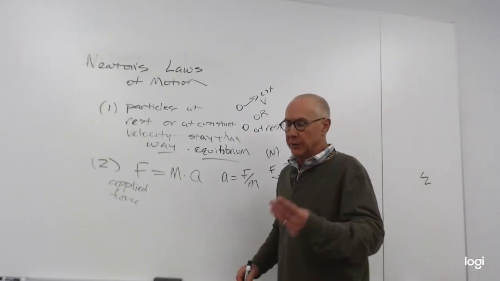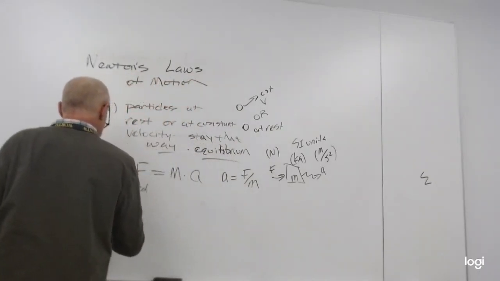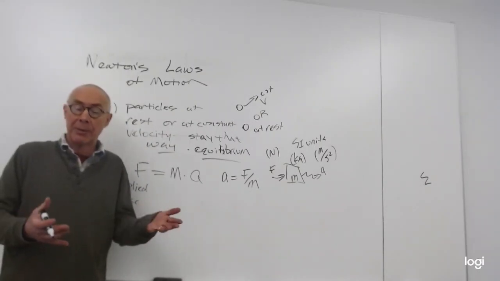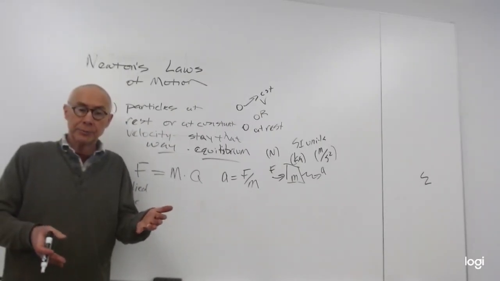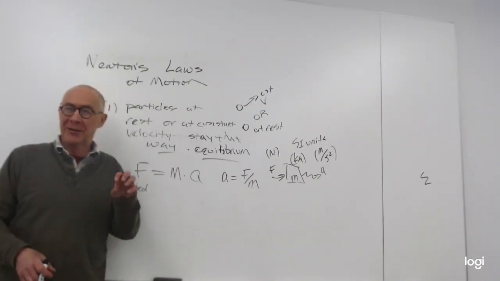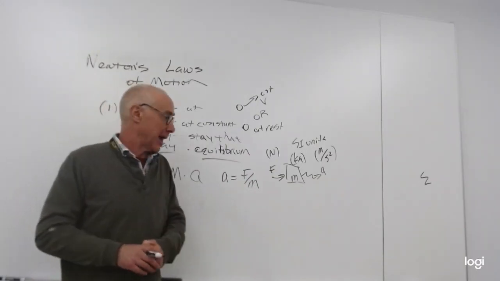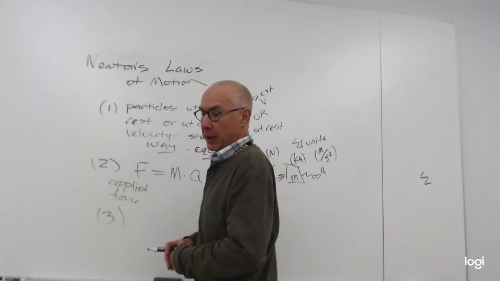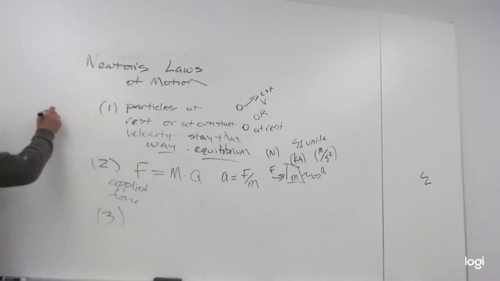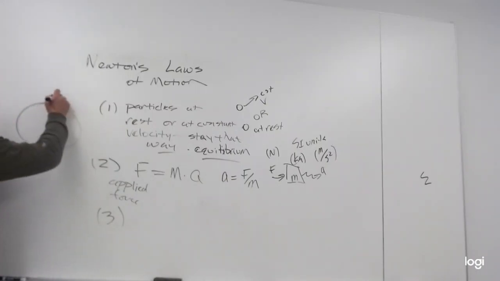The third of Newton's laws of motion is that for every force, there's always going to be an equal and opposite force. For every force, there's going to be a force of equal magnitude in the opposite direction. So if, for example, here's my planet Earth, and we have an object sitting on it.